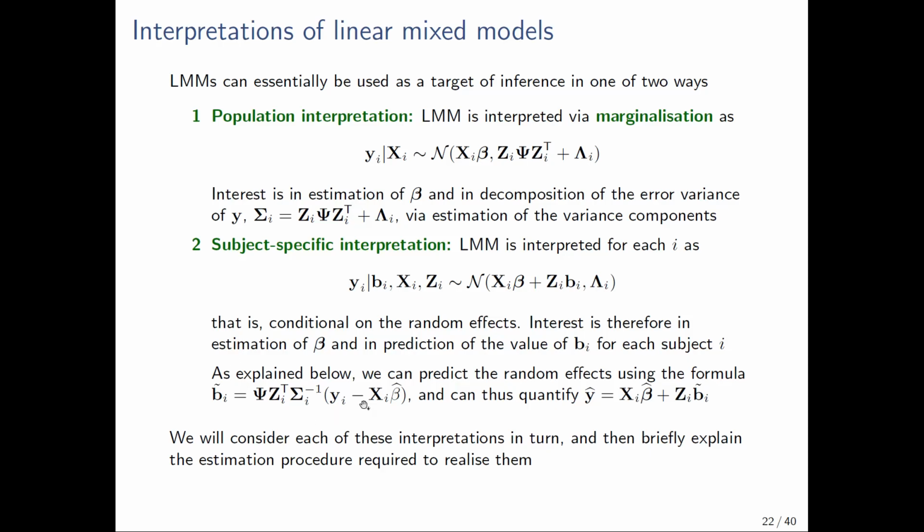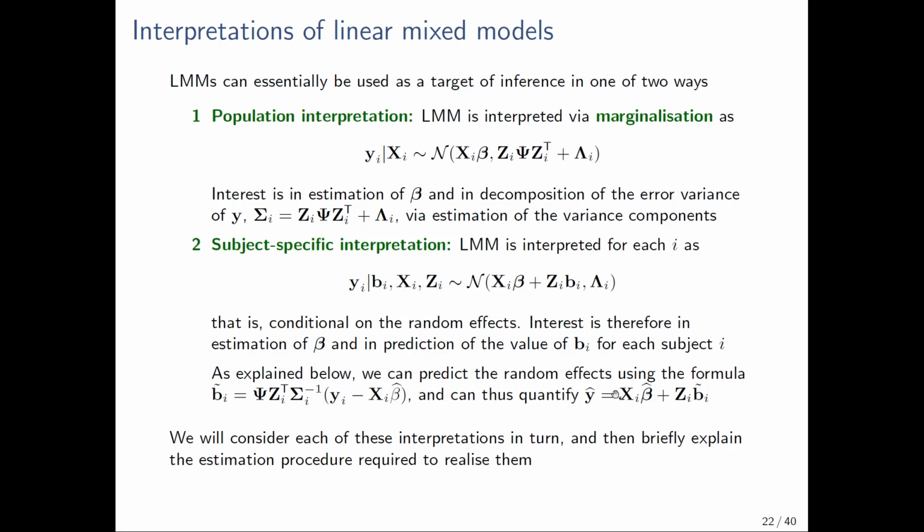Intuitively, this should make sense. y minus x beta hat isolates the composite error in the model, and pre-multiplication by Psi Z transpose Sigma inverse extracts the random effects from that composite. So that's the way it works. With the predicted random effects in hand, we can then quantify the subject-specific fixed values in this expression here.